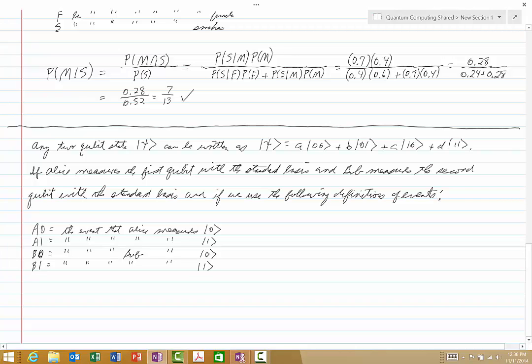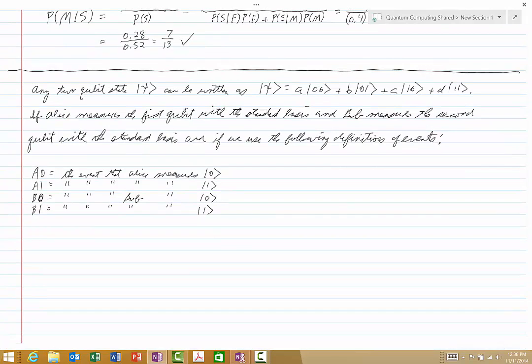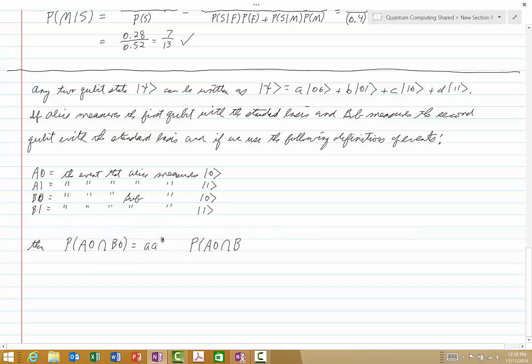If we define events in that way, then what we can say is the following. Then P of A0 and B0 equals A conjugate. P of A0 and B1 equals B conjugate.